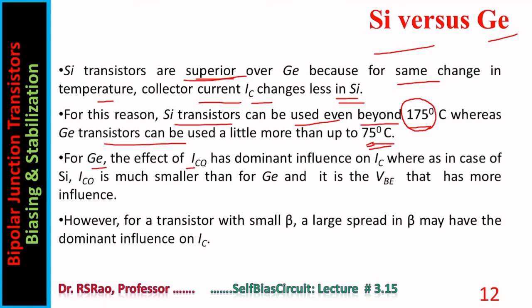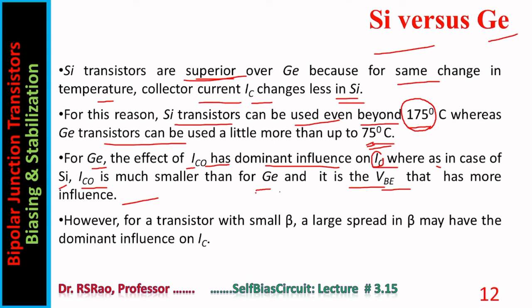For germanium, the effect of ICO has a dominant influence on IC, whereas in case of silicon, ICO is much smaller than for germanium, and it is the VBE that has more influence. IC depends upon ICO, it depends upon VBE, it depends upon beta. In case of germanium, IC dependence on ICO is great, and ICO is also large for germanium, but ICO is small for silicon.